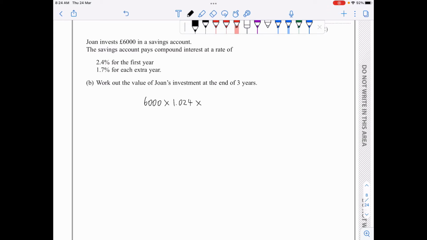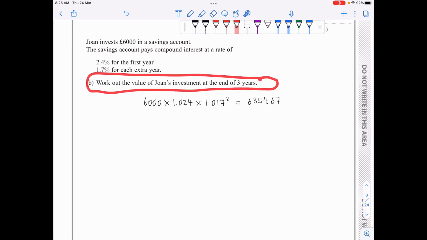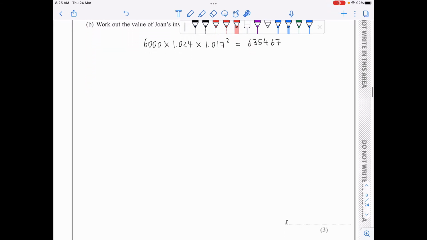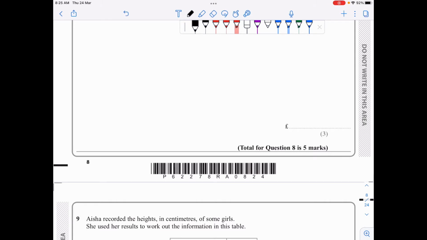And then for the next 2 years, the increase is 1.7%, so it's going to be 1.017 squared because this is applied for 2 years. And we get an answer of 6,354.67. Notice that we haven't been asked for a particular degree of accuracy here, but since this involves money, I will be giving my answer to 2 decimal places. So 6,354.67 pounds.